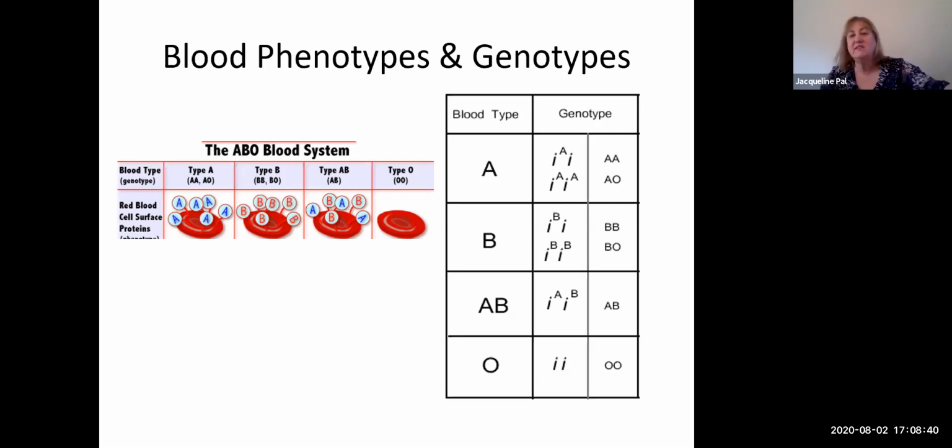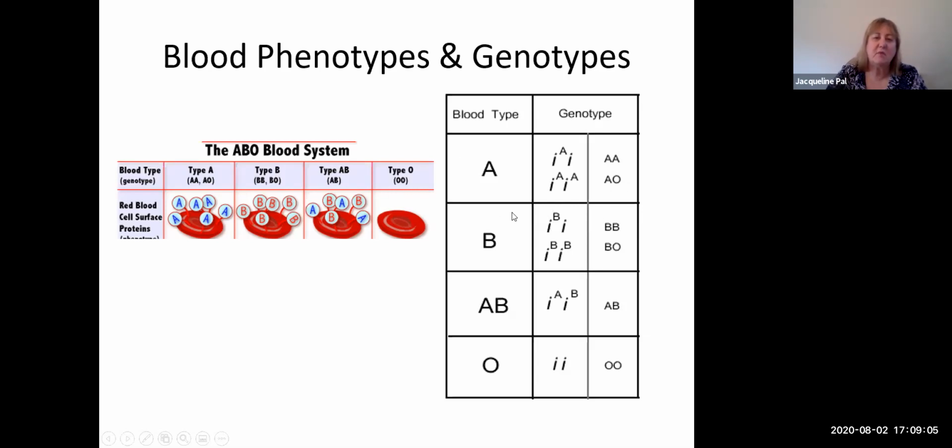Because O is nothing, A is going to be dominant over the O, and so both of these genotypes, AA and AO, are blood type A. By the way, if you're looking at this table, this first one, A with nothing, correlates with the AO, and this next one correlates with the AA. I just realized that they are upside down from each other, the same thing for the B.